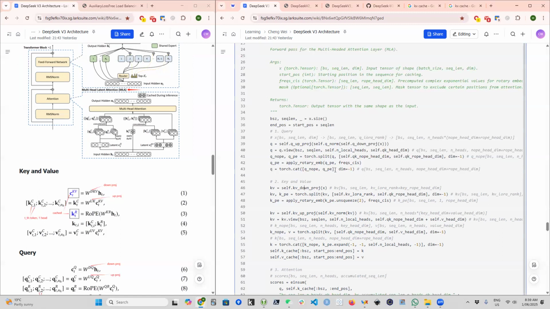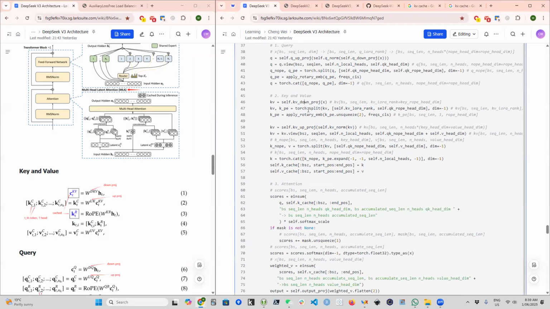Then for the key, we do a similar thing. We down project, then we split into the KV latent and the key position encoding part.